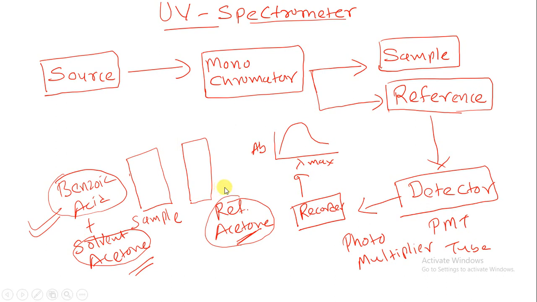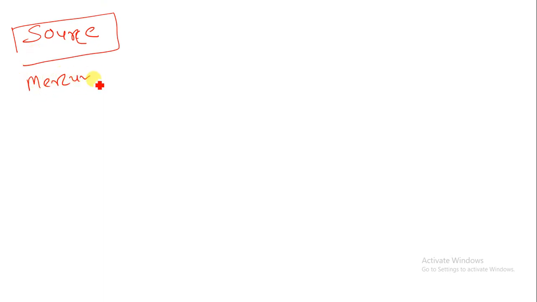Now let us revise the UV spectrometer again. First of all we have a source, which is a mercury lamp or a deuterium lamp, which can produce UV radiation.